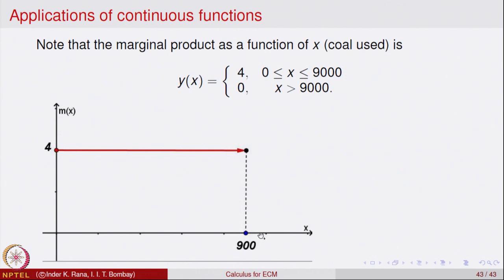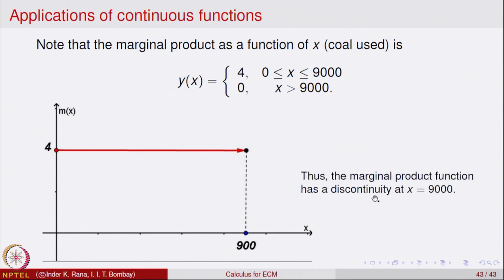So, this is what the marginal curve looks like for this scenario. There is a discontinuity at that point. Normally marginals will be discontinuous, so in models in economics, one tries to bring in models so that the marginals are continuous functions. That is the conclusion of this analysis.